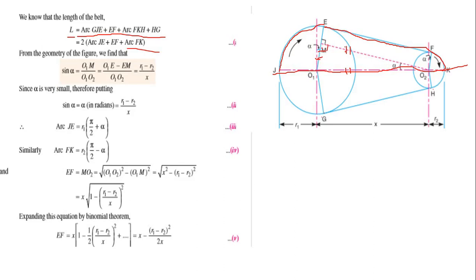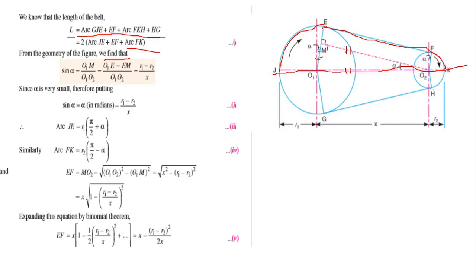Now O1M can be written as O1E minus ME. If we subtract EM from O1E, we get O1M. Now what is O1E? O1E is the radius of the larger pulley, that is called R1.